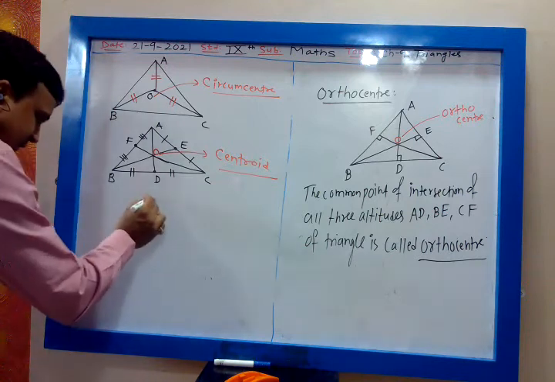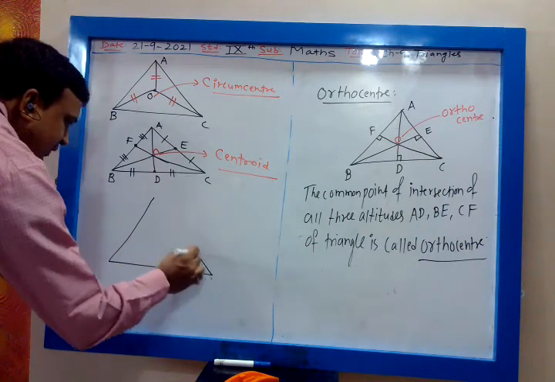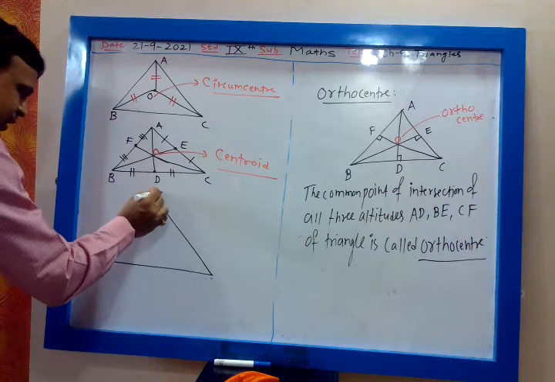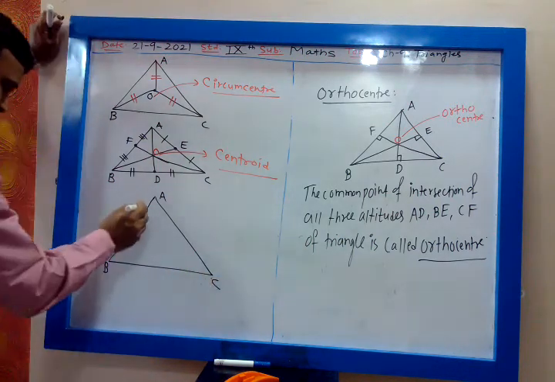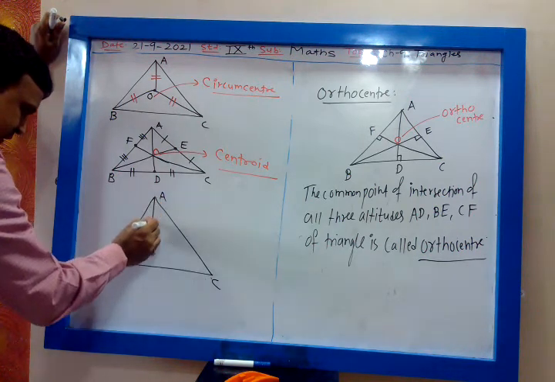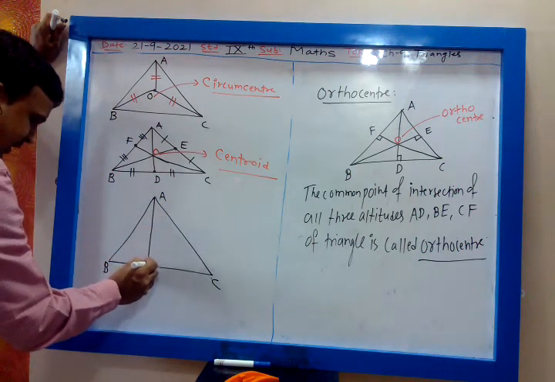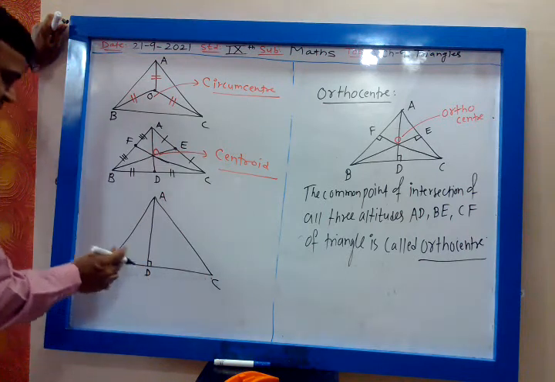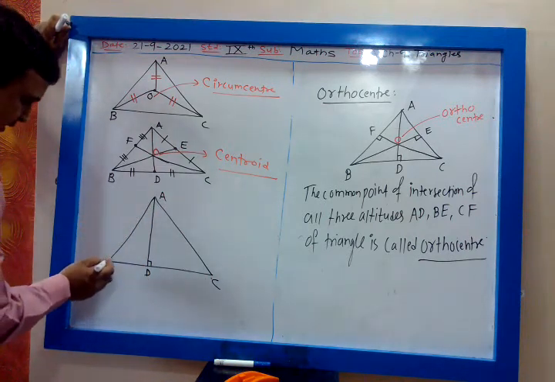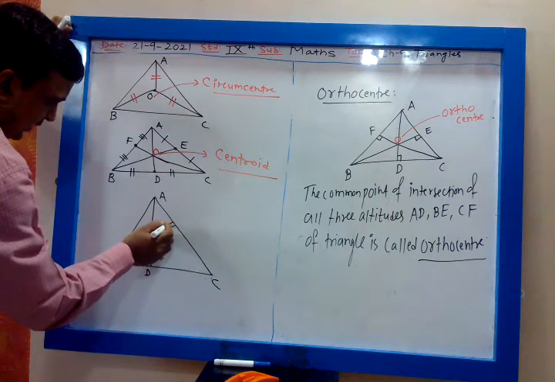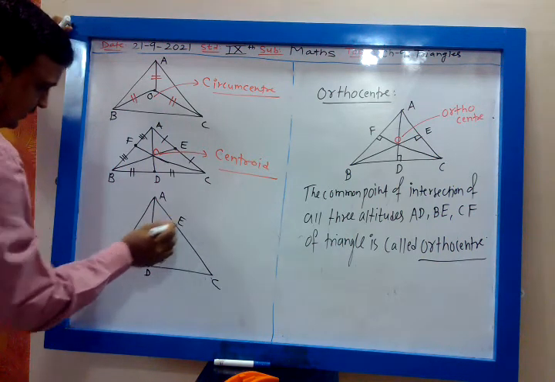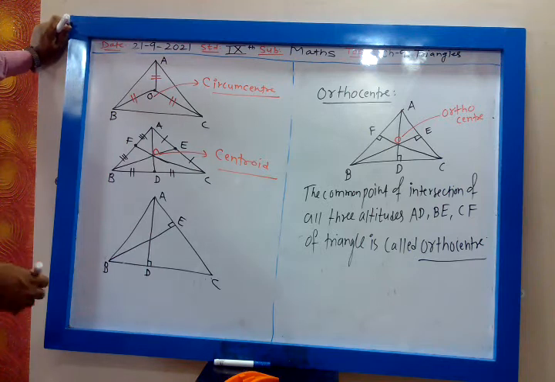Then we have another triangle ABC. From A we draw a perpendicular, that is AD. AD is perpendicular to BC, so AD is the altitude. Then BE is perpendicular to AC. So BE is also an altitude.